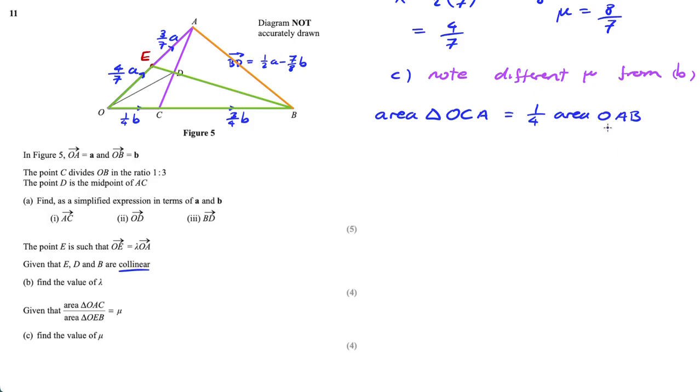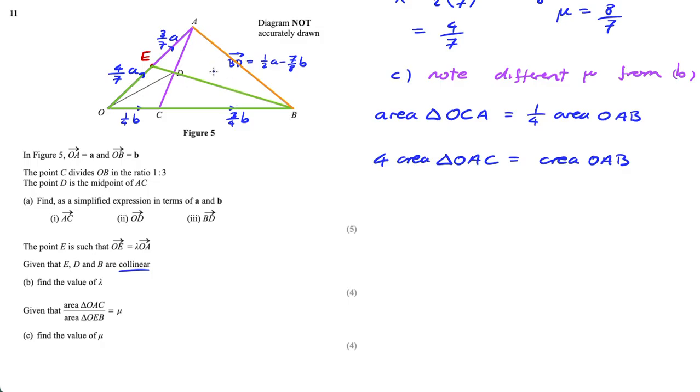So that means 4 times the area of triangle OAC is equal to the area of triangle OAB. So now I've compared the purple one to the big orange one. I'm now going to compare the green one to the big orange one.